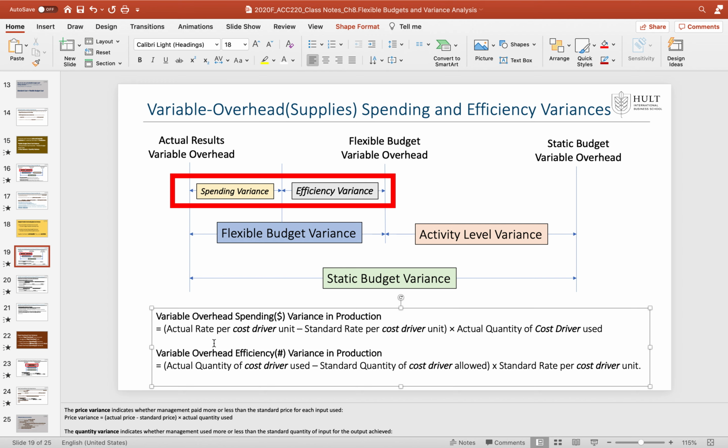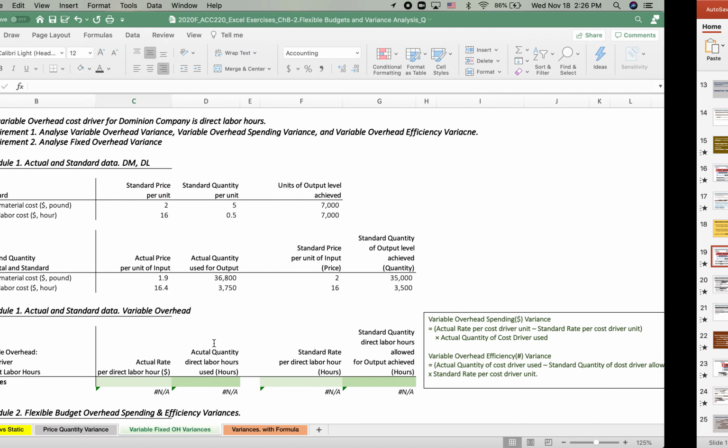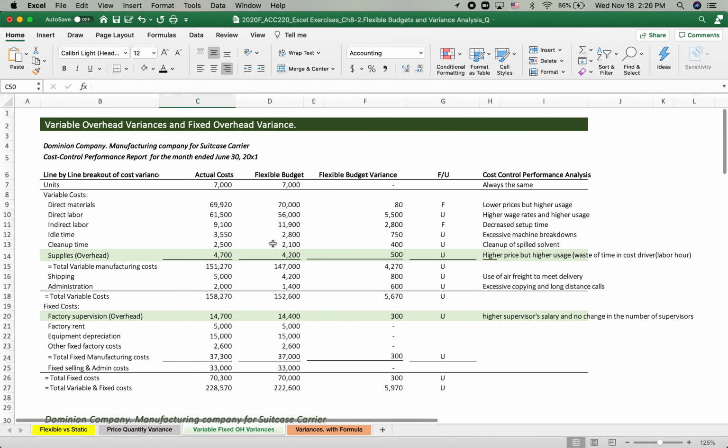Because these overhead costs, such as supplies, cannot be easily traced, so we use some specific correlated cost driver, for example labor hours, to calculate the actual rate for the overhead spending and the actual quantity and standard quantity of this variable cost. Okay, so let's go to the practice.